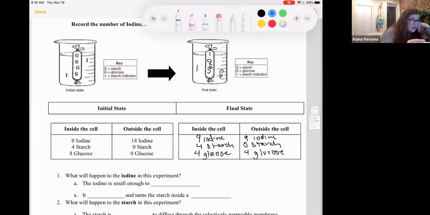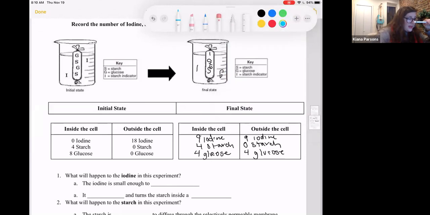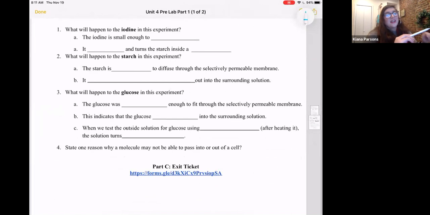All right, let's go ahead. And if you were following along, you may have noticed I was using this during the video, so some of you may have already filled this in, but iodine is small enough to diffuse into the cell.